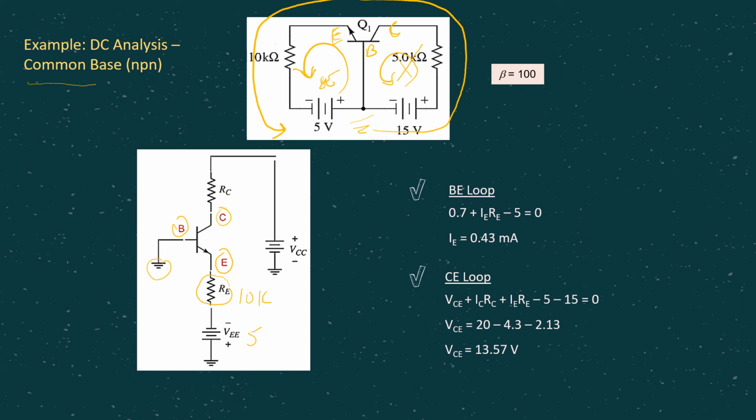Then the collector is connected to 5 kilo ohm, which is this resistor, eventually connected to +15. So +15 VCC is 15 volt.